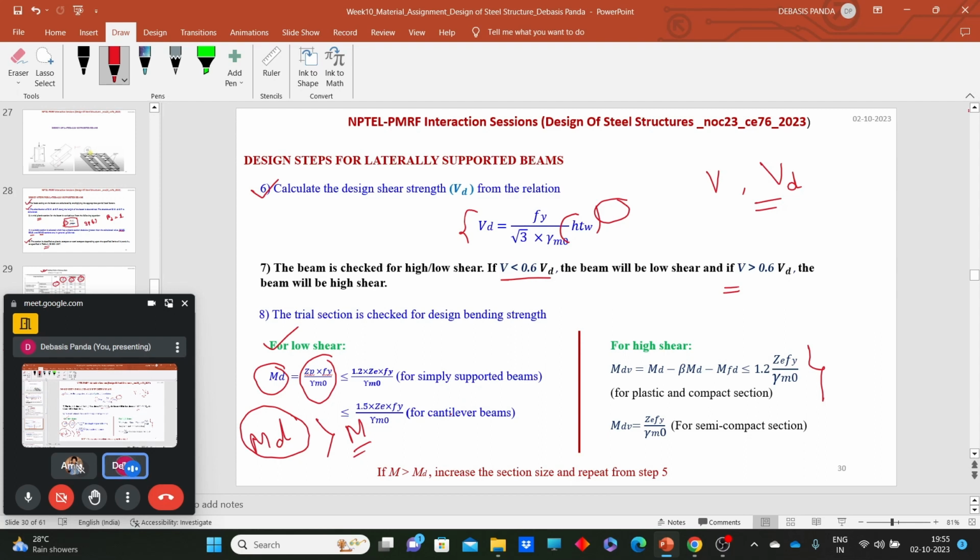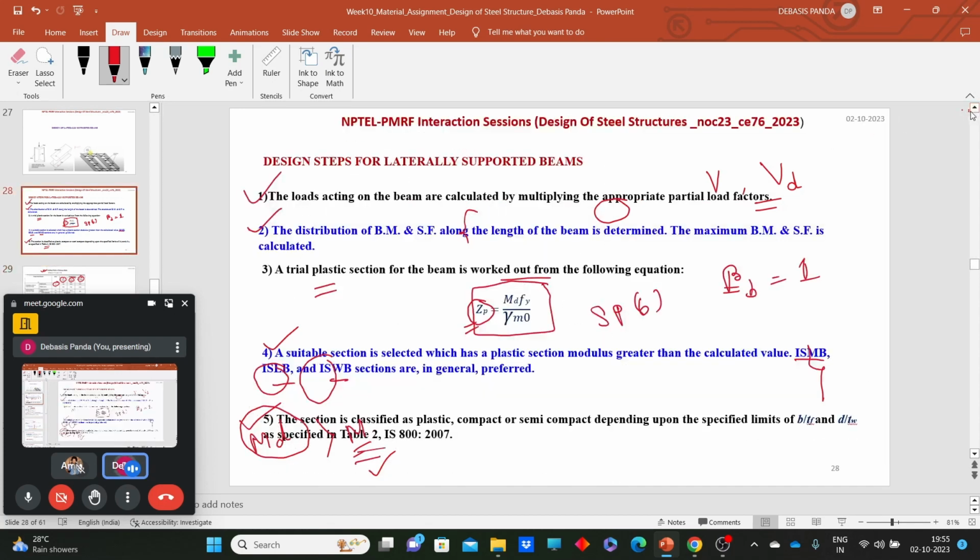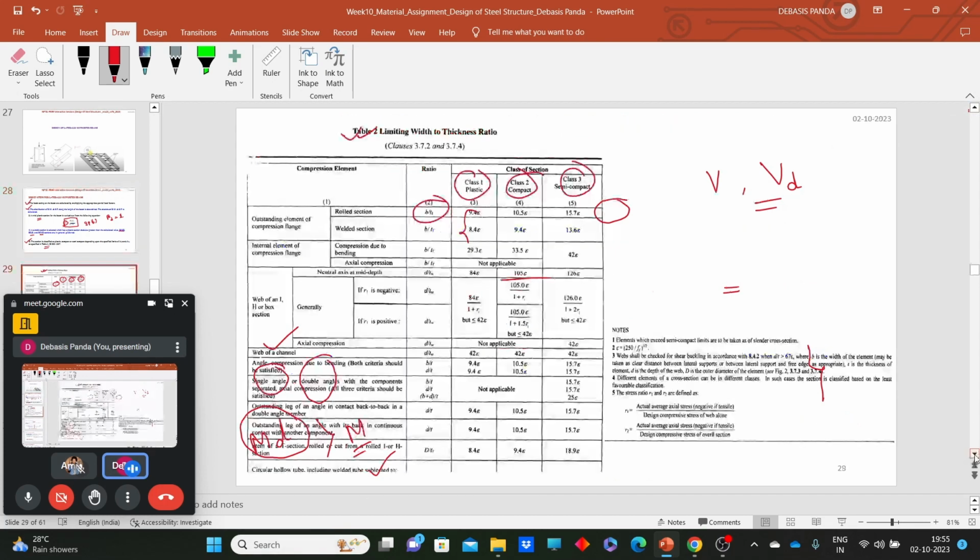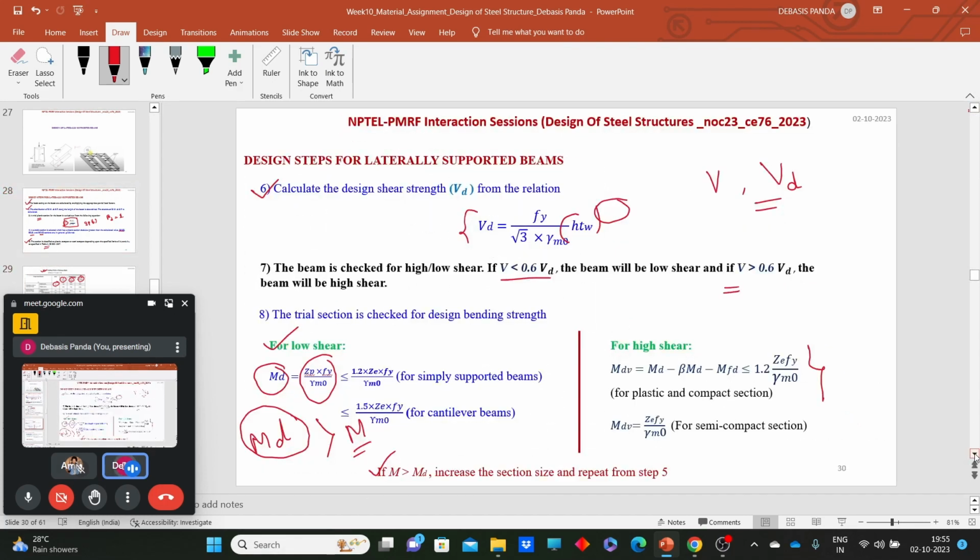If the factored bending moment is more than the design bending strength, then we need to increase the size of the section and recalculate all these things from step number 5. Obviously VD also needs to be greater than V, otherwise in the sixth step we need to go for a higher section also.